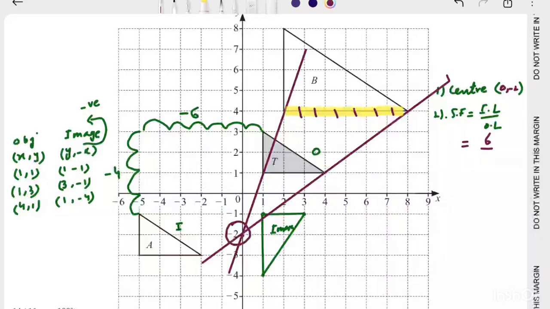Divide by the corresponding side of the object, which I have highlighted: 1, 2, 3, there are 3 units, so divide 6 by 3 and you get 2. So the scale factor would be 2.